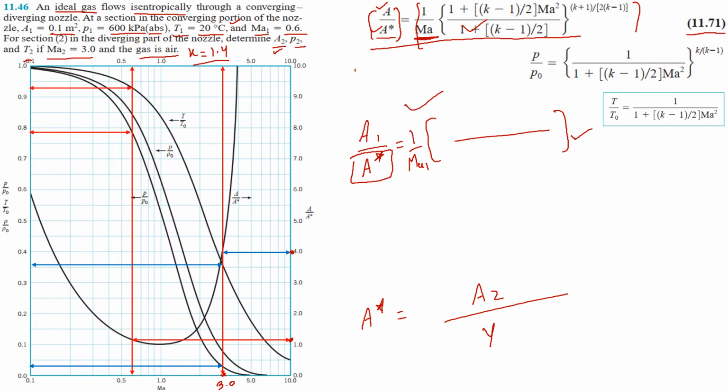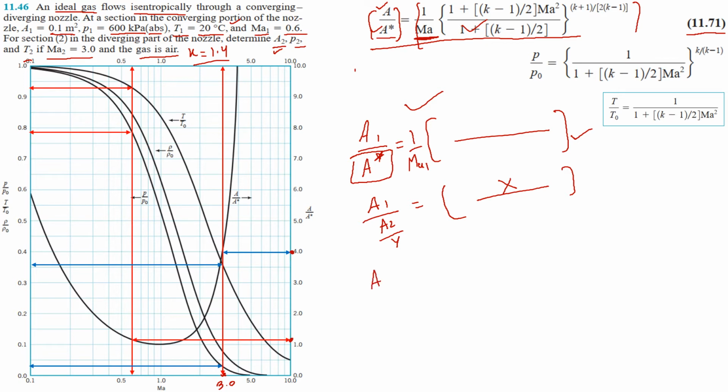And now I can write this as A1 divided by A2 over y. Let's call this whole thing right here x. So now I have these two equations in terms of A1 and A2, and I can further rearrange this: A1 over A2 is equal to x, and if I shift the y to the other side, it will be y.